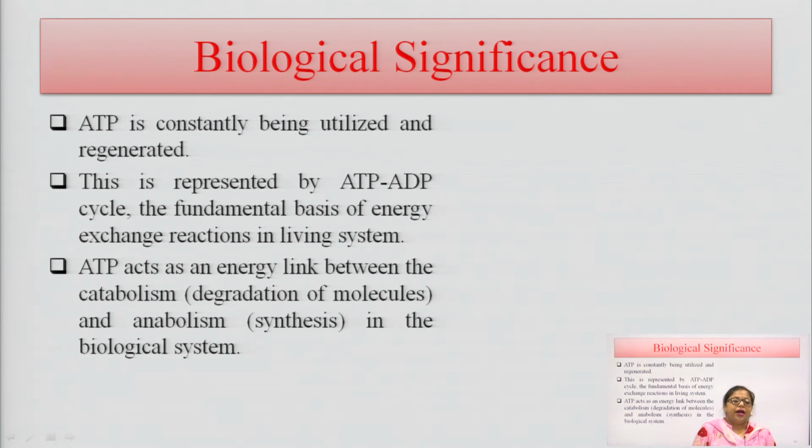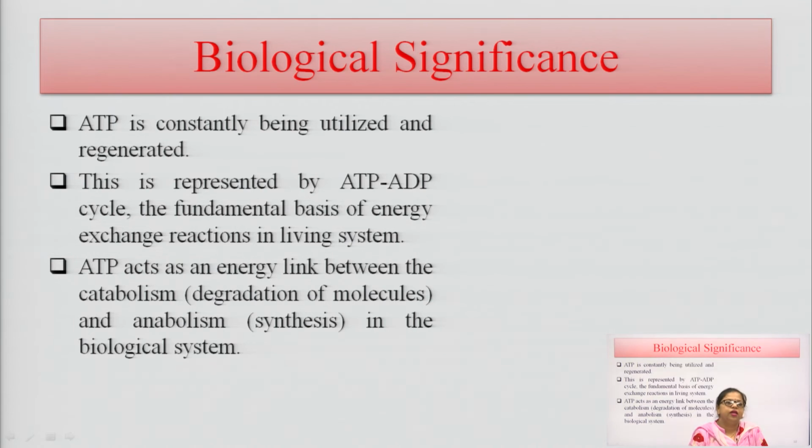What is the biological significance? How can we determine the ATP for its use? ATP is constantly utilized and regenerated, because we have already discussed in the last slide that ATP, when hydrolyzed, converts into ADP and a phosphate group, and when the phosphate group reacts with the ADP molecule, ATP is formed.